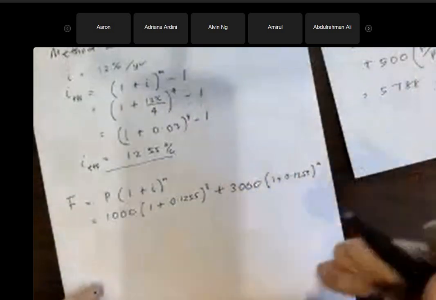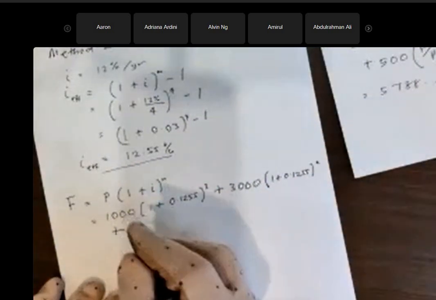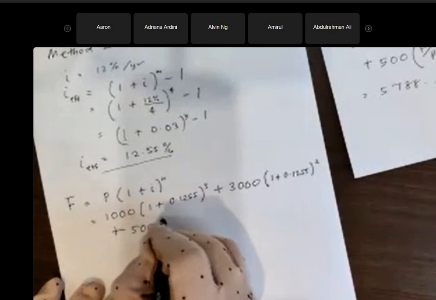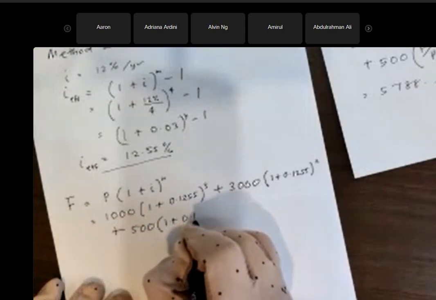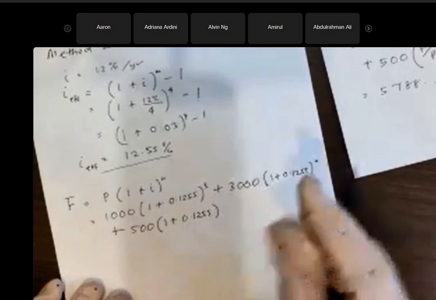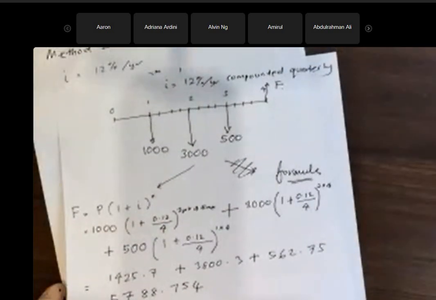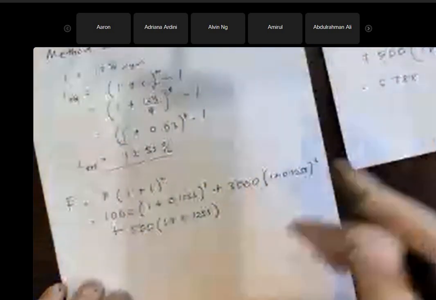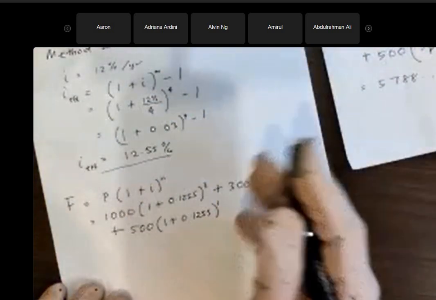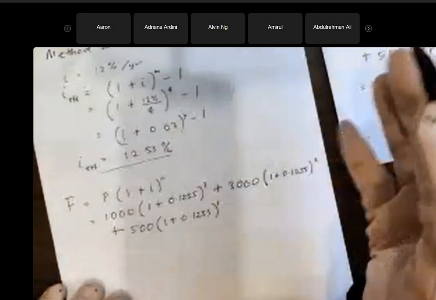Okay, good. Plus 500: 1 plus 0.1255, power of 1. And because we take year, you see the difference between the first method and the second method.